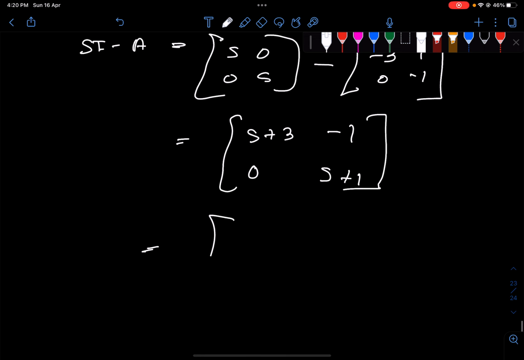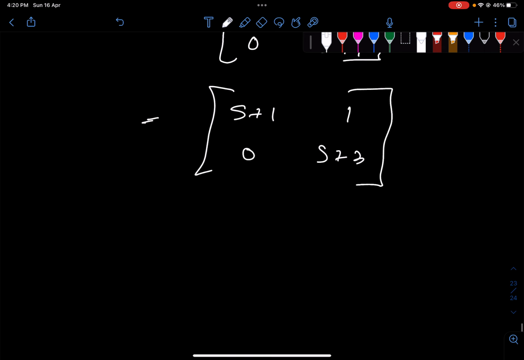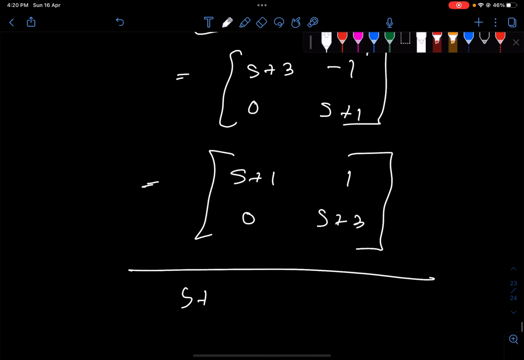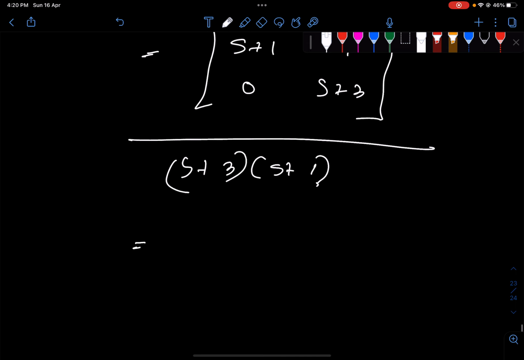And what is the inverse? Adjoint divided by this one. This is just interchange and change the sign. So [s plus 1, 1; 0, s plus 3] divided by (s plus 3) into (s plus 1), right? So this is what (sI − A) whole inverse is. You multiply it with this one C and B. Then you can find what?